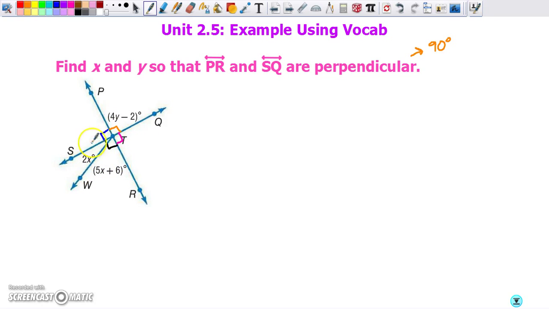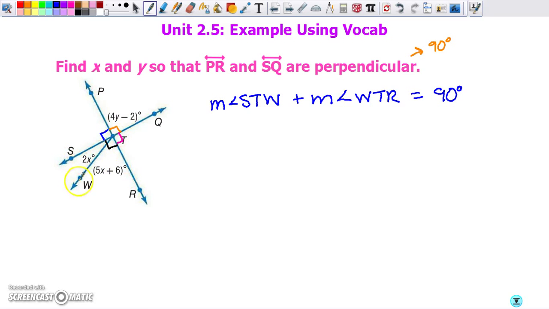And so what that means is that the measure of angle STW plus the measure of angle WTR has to equal 90 degrees because the lines are perpendicular, right?